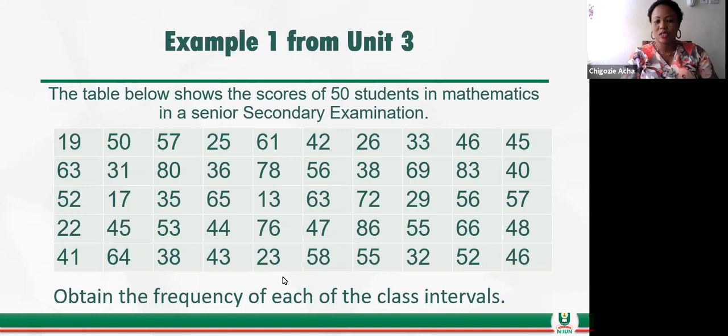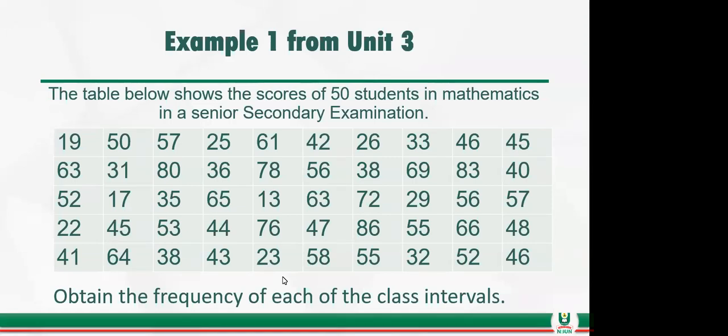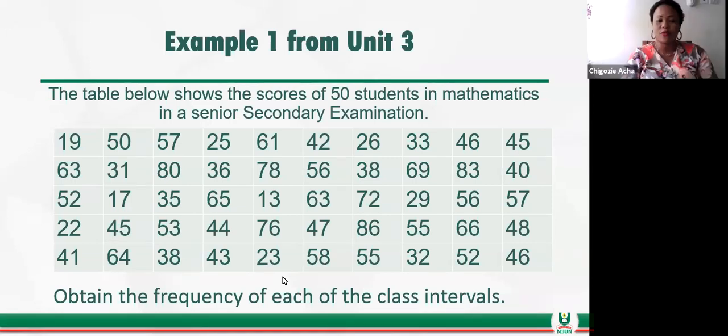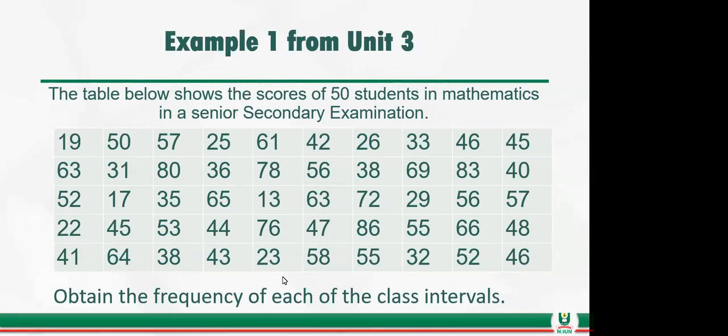At least that will tell you that you have to start your class interval not above 13. 13 is the lowest value, right? Yes, ma'am. Can you identify the highest value from that table? Let's work together. Your highest value is 86.